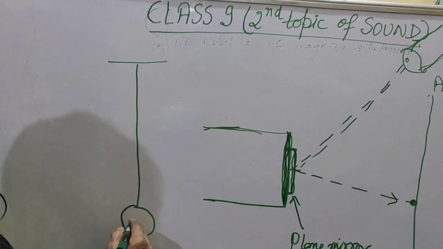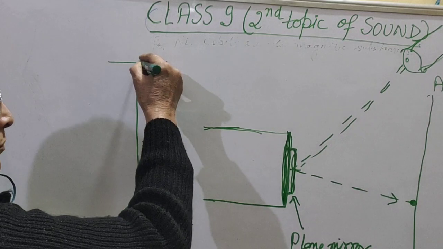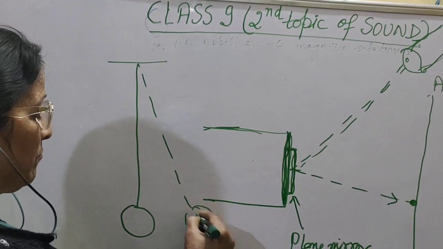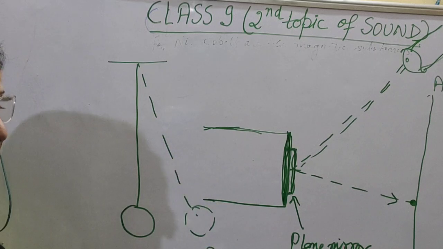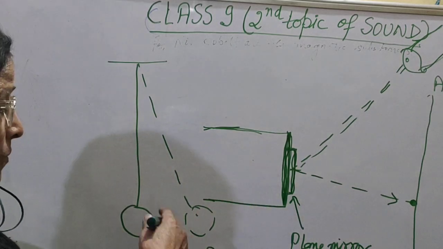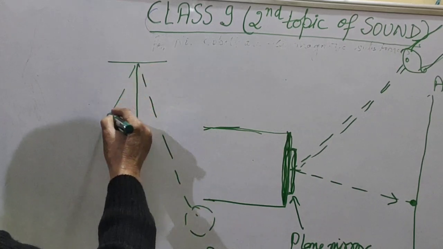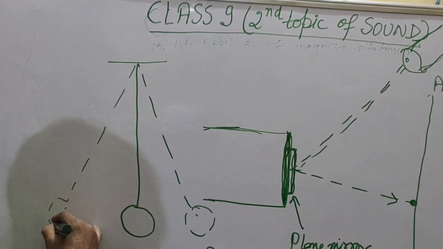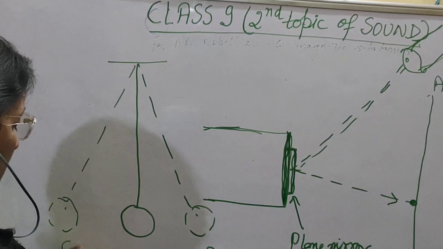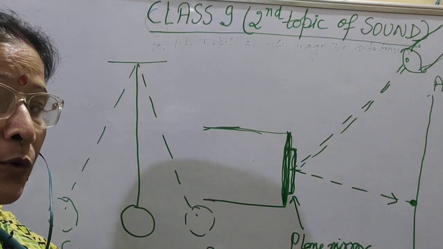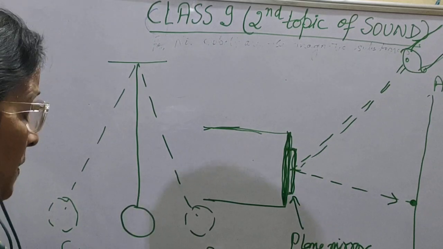Now we displace the bob of the pendulum and bring it to B and leave it. What happens? The pendulum starts oscillating about the mean position. It reaches C. So it executes to and fro motion about the mean position.